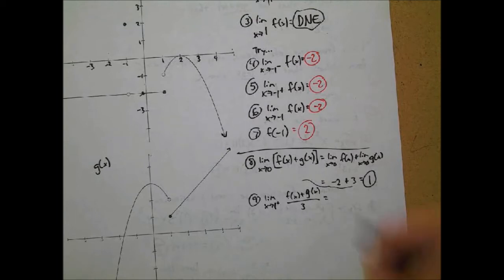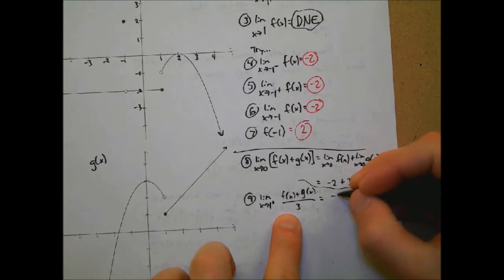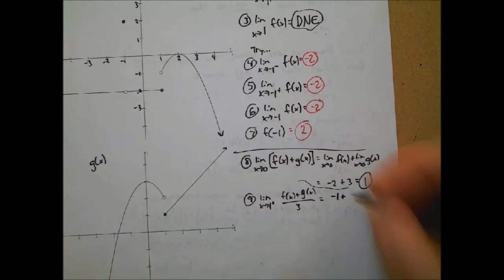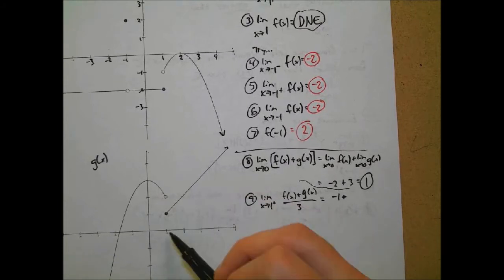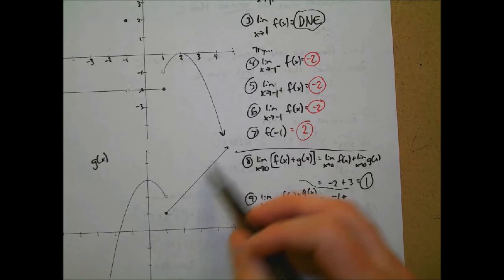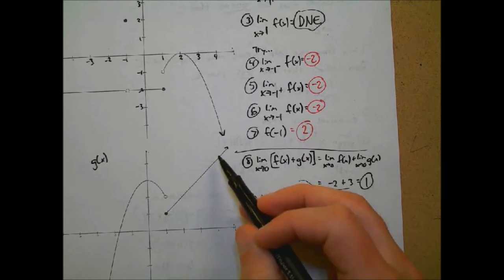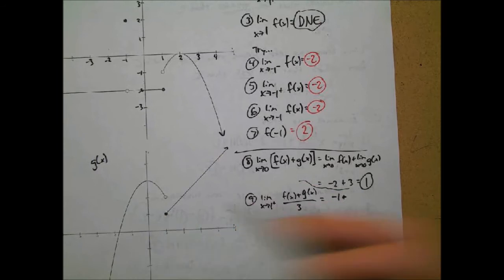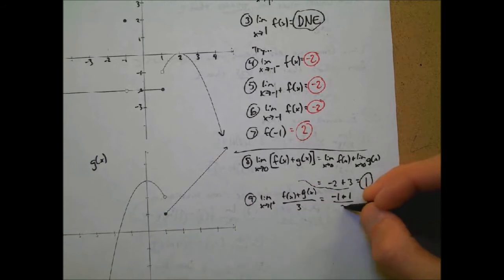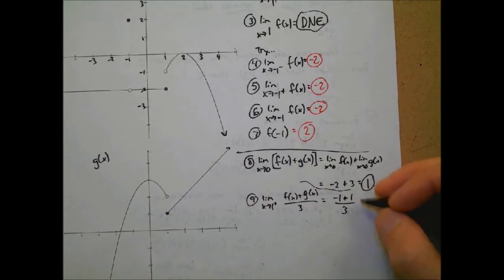It should be -1. What's the limit as x approaches 1 from the right of g? It's going to be 1. Here's g, to the right of 1 is this part of our function, and we're approaching it from the right. So we're approaching +1 there, and that's divided by 3. Well, -1 plus 1 is 0, divided by 3 is still 0.